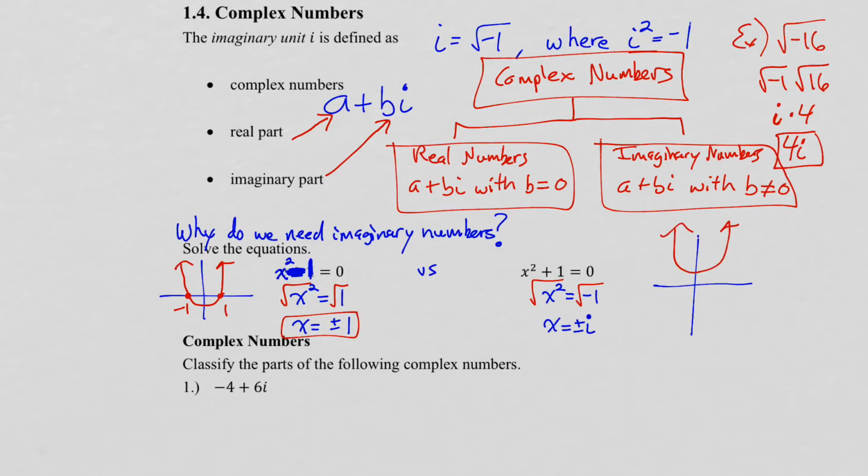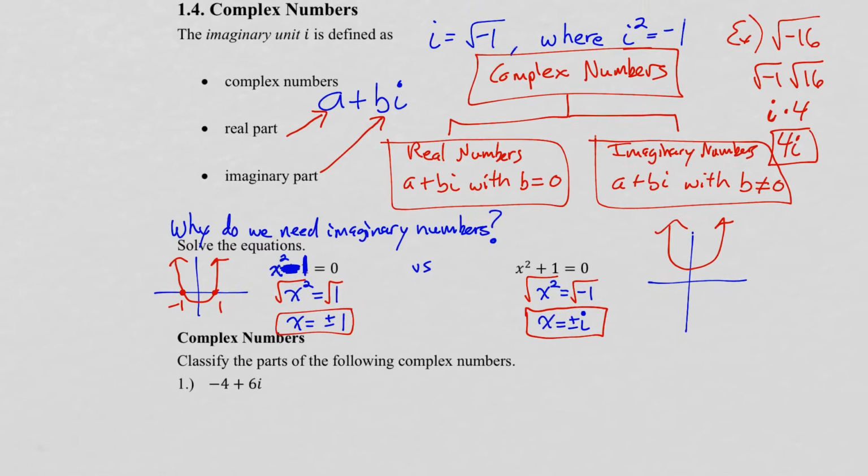It doesn't cross the x-axis, so there is no real solution, but as you can see, there are two imaginary solutions, plus or minus i. So that's the visual and why we need this type of setup.